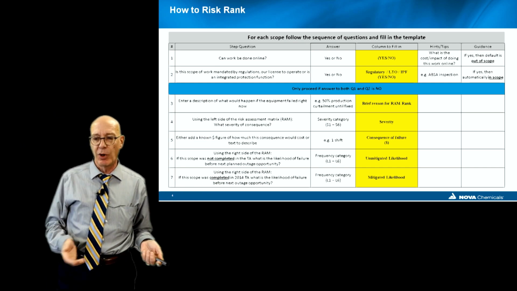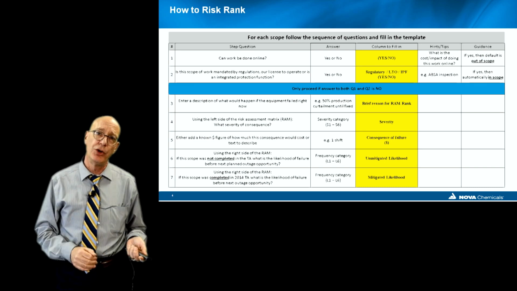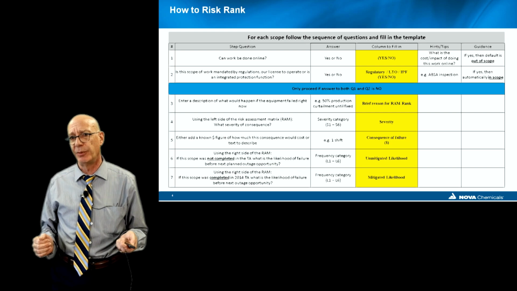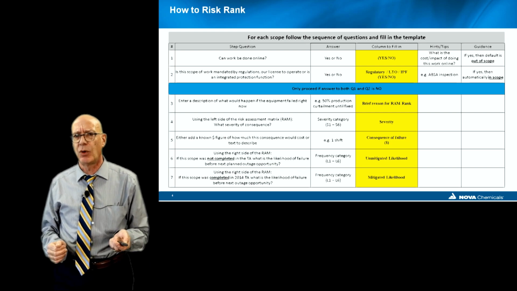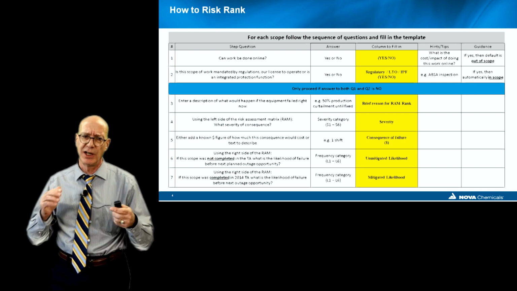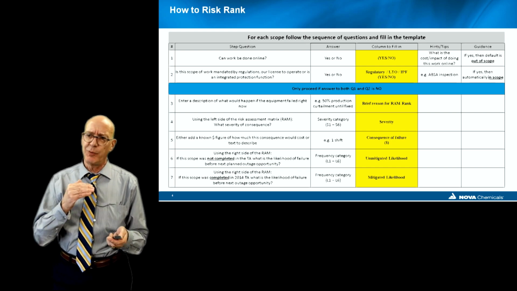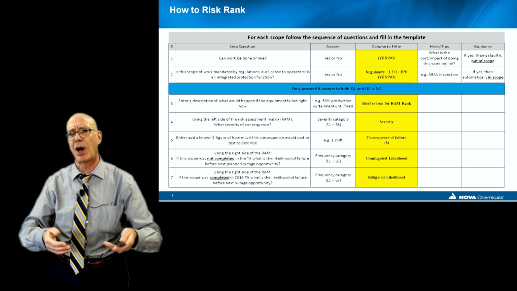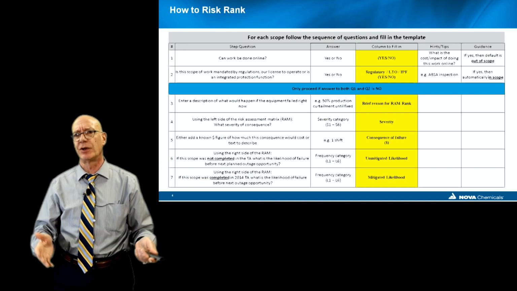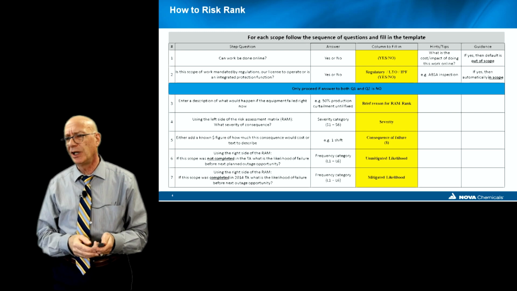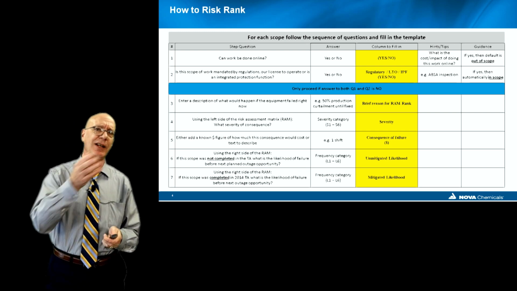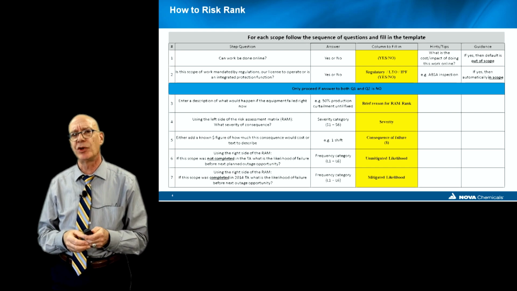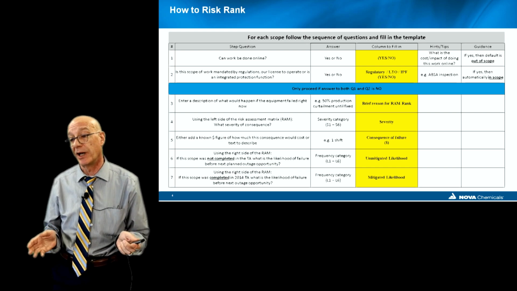The next thing we want to know is if we do the work, what will our probability factor be then? And this is kind of a key question when it comes to turnaround work, because if we spend $500,000 doing some amount of work on some piece of equipment, and the probability of a $1 million failure is exactly the same as before we did the work, there's some question as to whether we're even doing the right work in the first place.